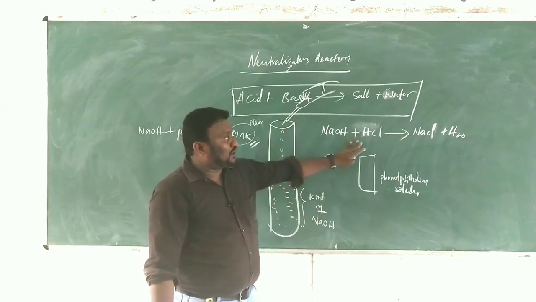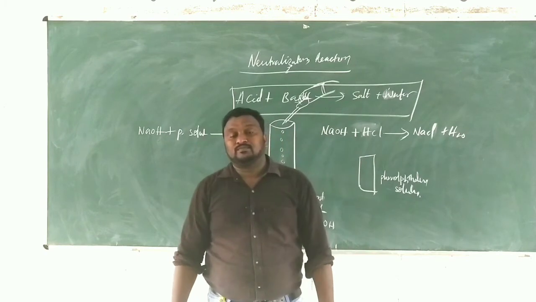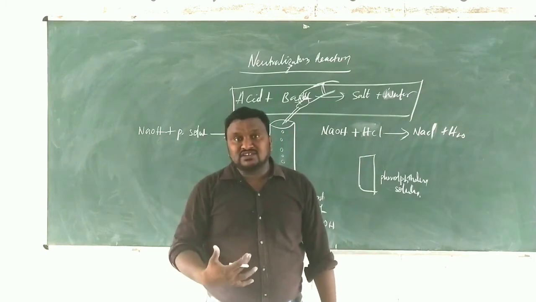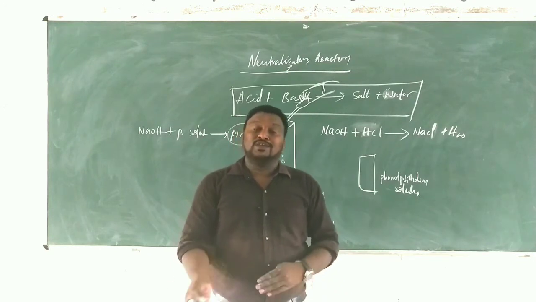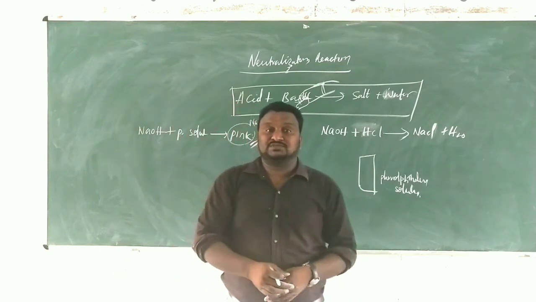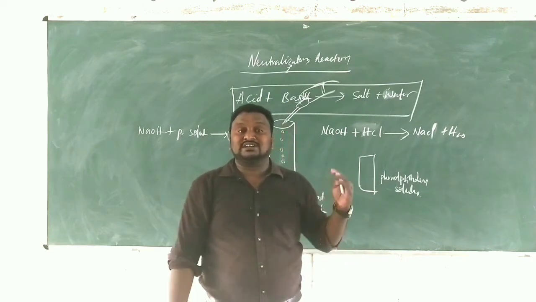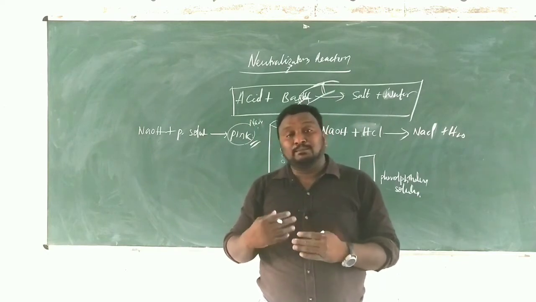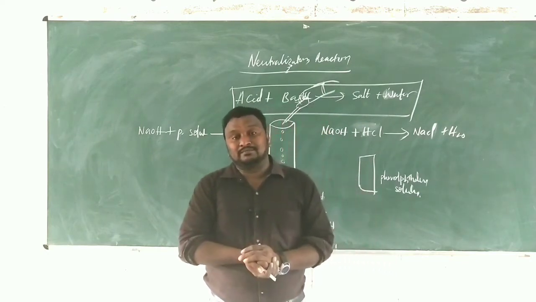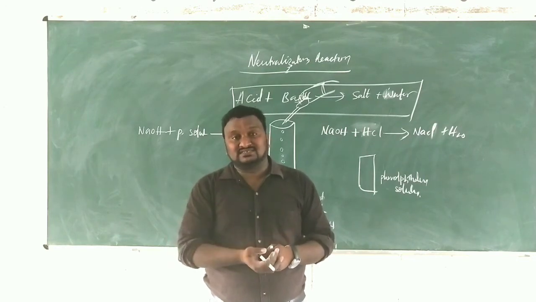When we combine these two, we get salt and water. This phenomenon is called neutralization. After that, if you add NaOH again to the content, the solution becomes pink again, because the concentration of base increases.